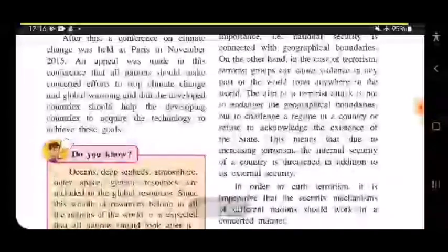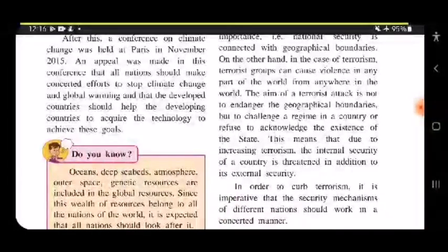This means that due to increasing terrorism, the internal security of a country is threatened in addition to its external security. Now, why do these people go into terrorist groups? Because they want something. Means you should scare people so that we can get what we need.